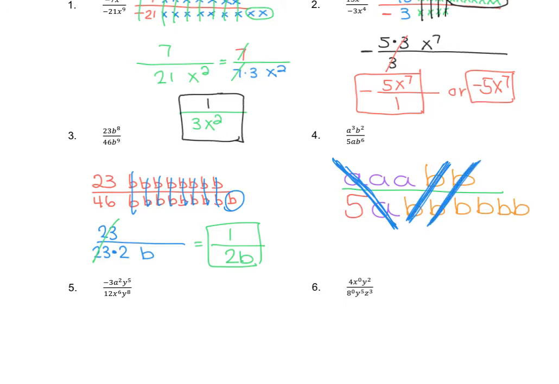All right, so again, here's where I set myself up for success. I'm drawing a fraction bar here, and I'm writing what I have left. The only thing I have left on top are these 2 A's. So I have A and A, which gets me A squared.